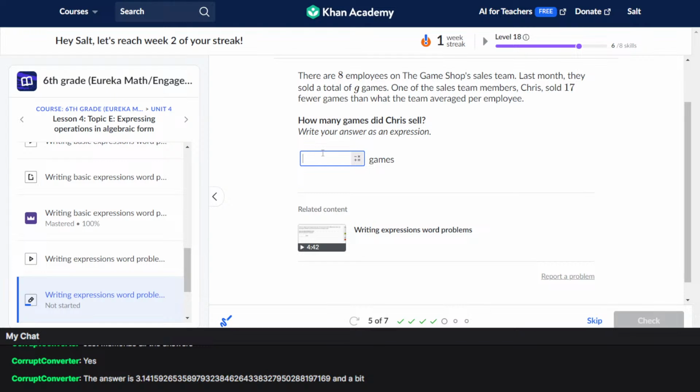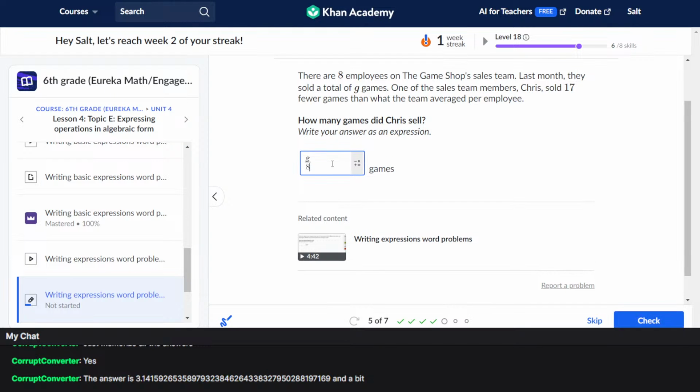Corrupt Converter says the answer is 3.14159265358979932388462795028819719716 and a bit. What the team averaged per employee. Wait, was it g divided by 8 minus 17?